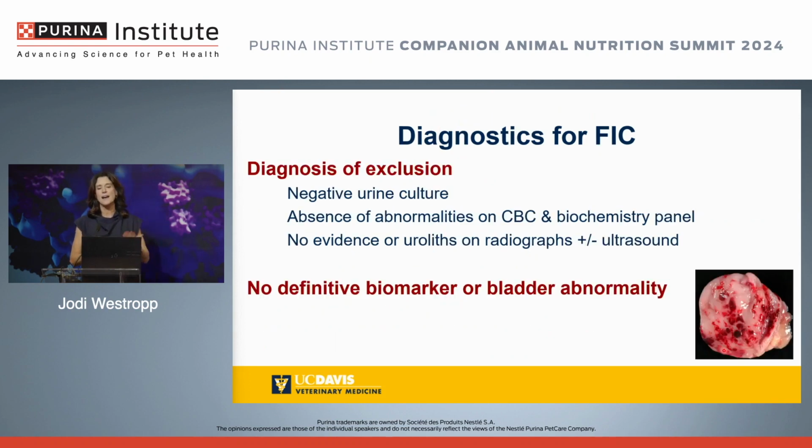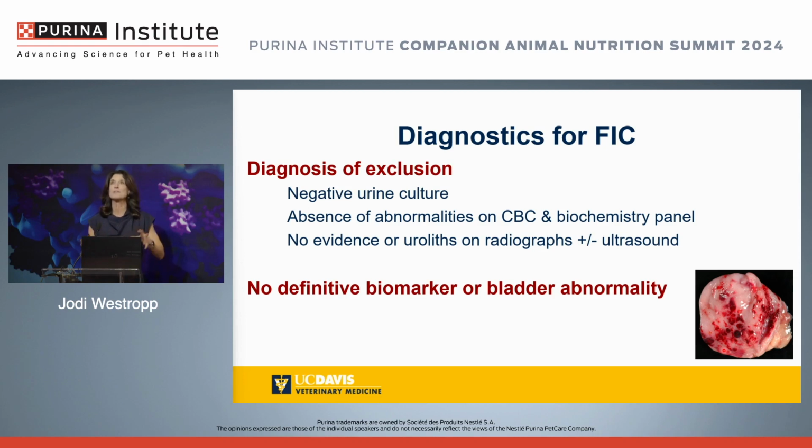So unfortunately, there is no good diagnostic yet for FIC. It's still a diagnosis of exclusion: a negative urine culture, combined with the absence of abnormalities on the CBC and biochemistry panel, and no evidence of uroliths either on radiography plus or minus ultrasonography. And there's no actual definitive biomarker, even though a lot of them have been published.